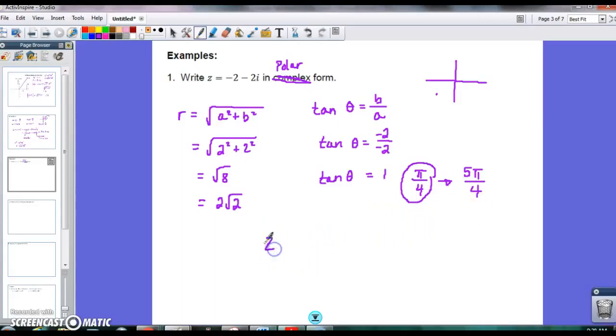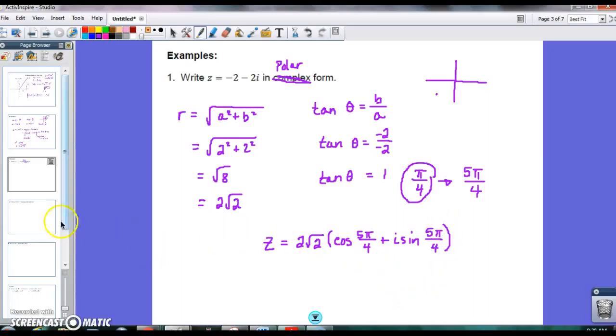So our complex number in polar form would then be z is equal to 2 root 2 times the cosine of 5 pi over 4 plus i times the sine of 5 pi over 4.